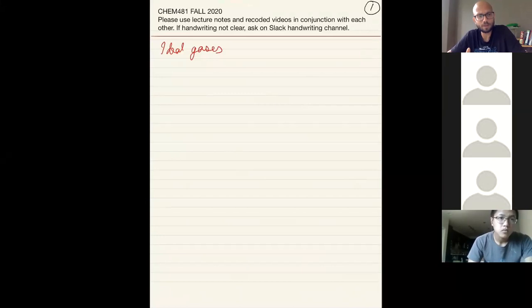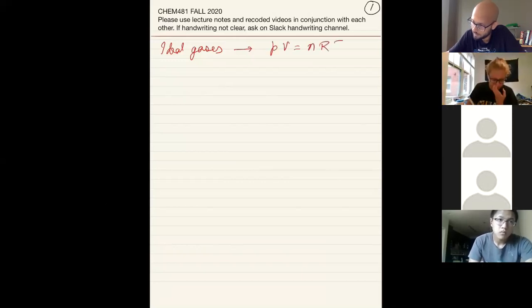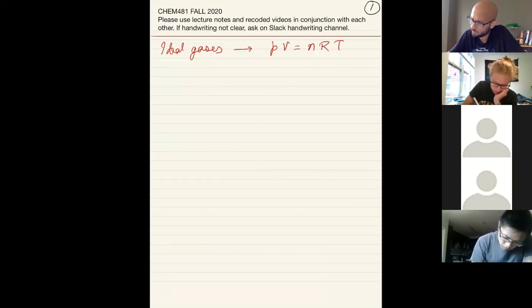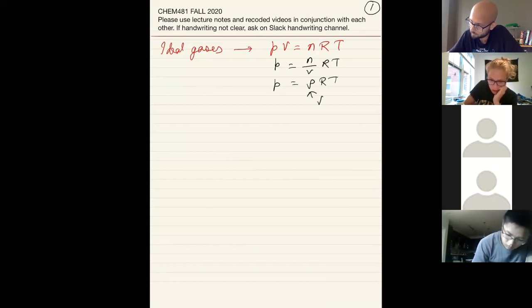There are lots of interactions going on between the molecules, and ideal gases follow PV = nRT. Another way of writing it is P = (N/V)RT, or P = rho RT, where rho is the density.